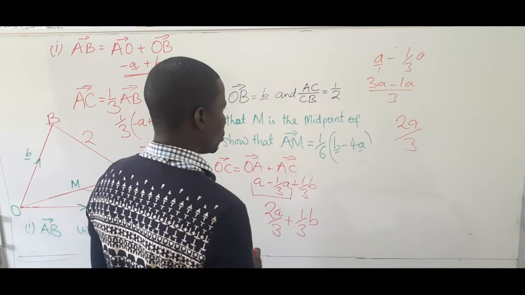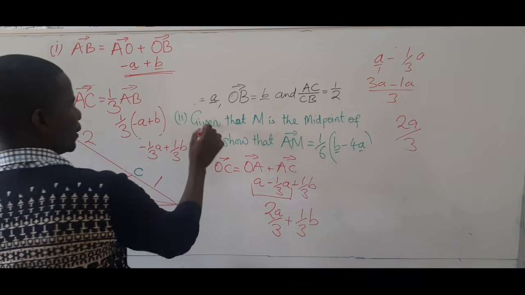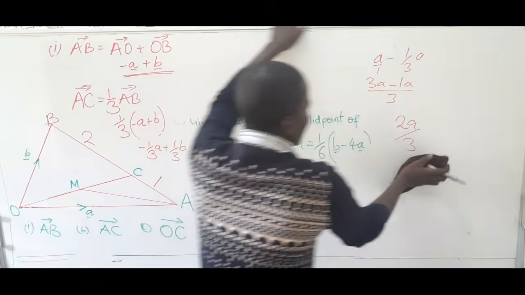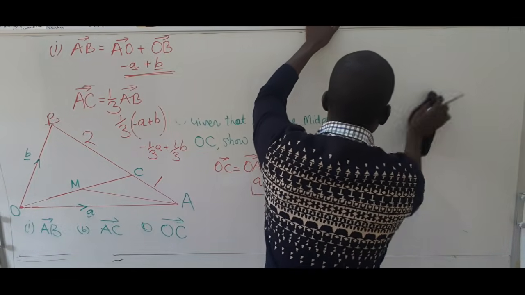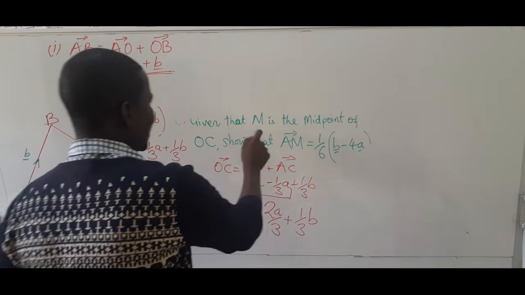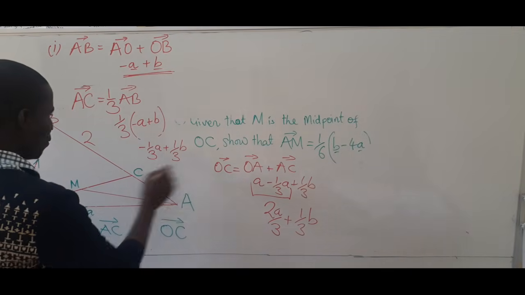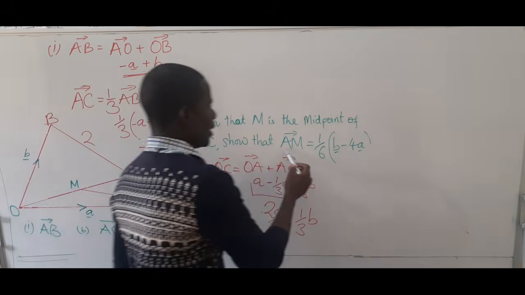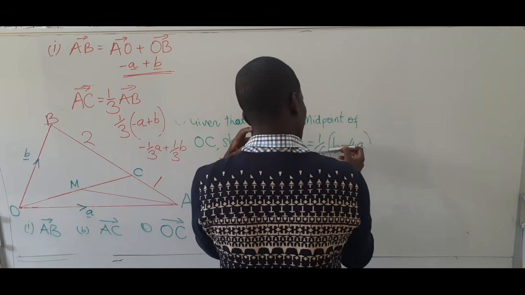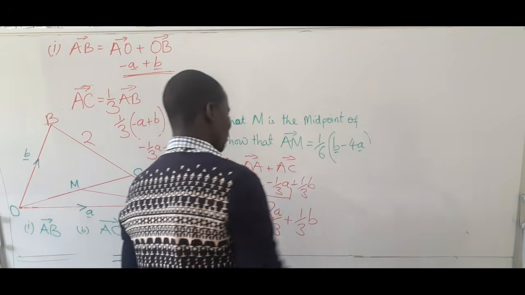Okay, so now we can proceed and deal with the last question. And the last question says, given that M is the midpoint of OC, show that AM is equal to 1 over 6 open brackets B minus 4A.